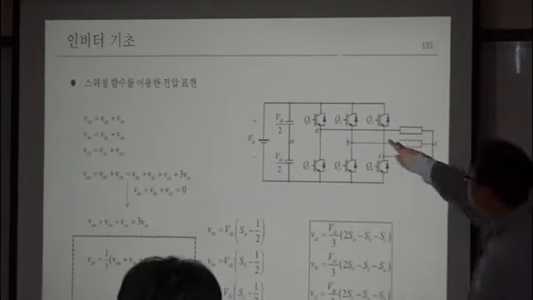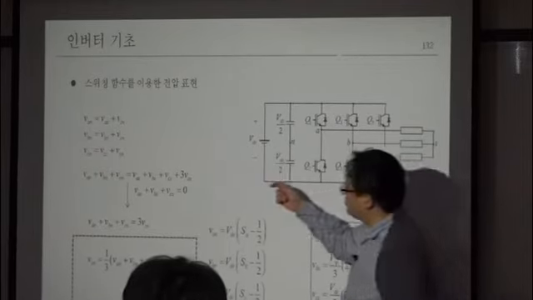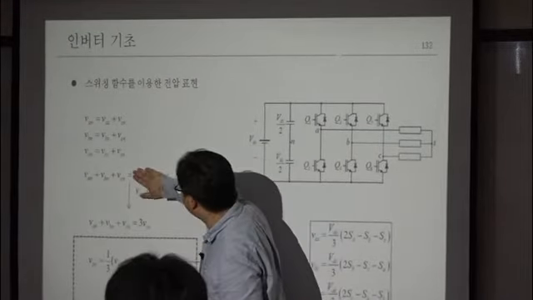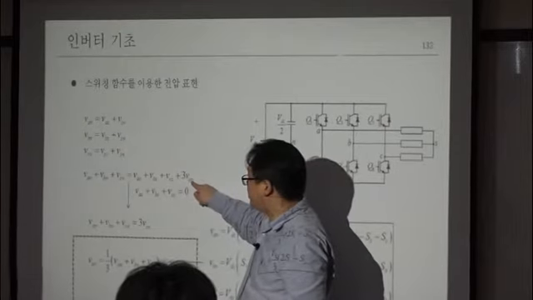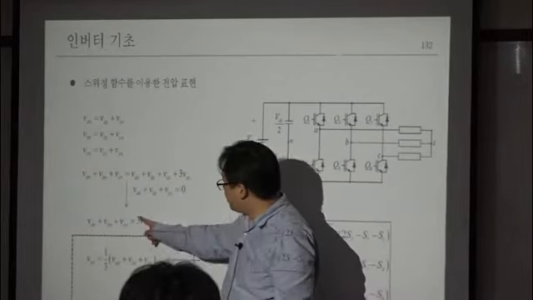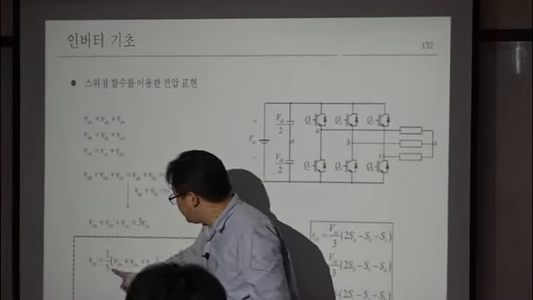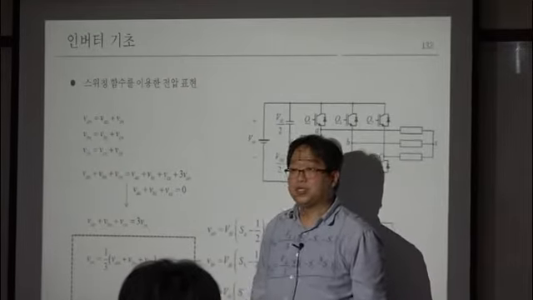Then the sum of phase voltages is 0, right? If you apply this condition, then this term is removed, and you only have 3 VSN. So finally, your common voltage VSN can be written as 1 over 3 multiplied by the sum of the pole voltages.